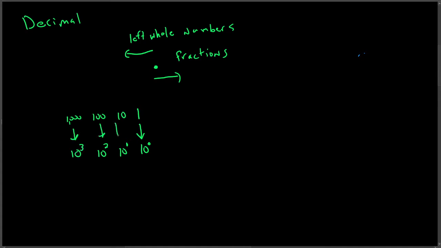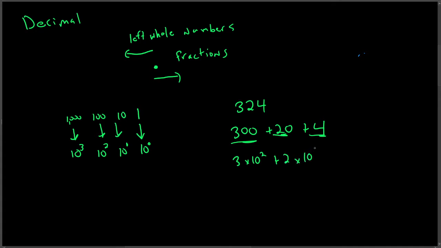So when we wrote a number in expanded form, say we had 324, we wrote this as 300 plus 20 plus 4. A subtlety to the place value was we had 3 times 10 to the second plus 2 times 10 to the first plus 4 times 10 to the 0.